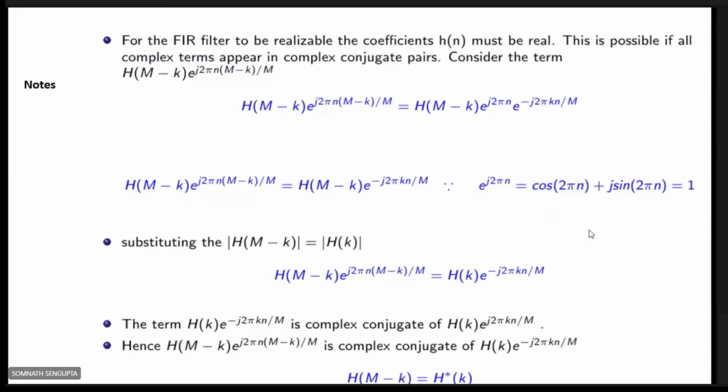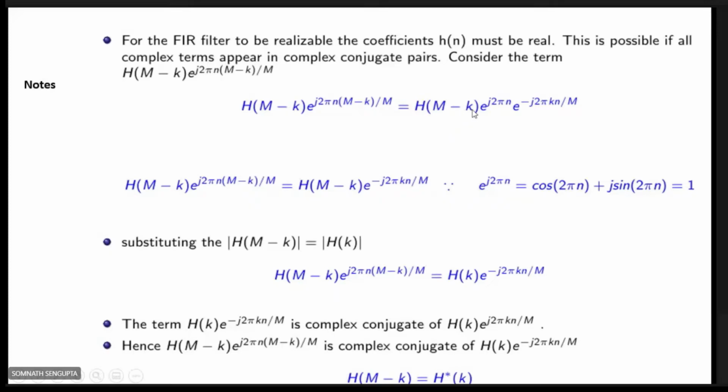Now how is this occurring? Let us say one particular term h m minus k e to the power j 2 pi n m minus k by m. Now k may be any value, k may be 1, 2, whatever it is.